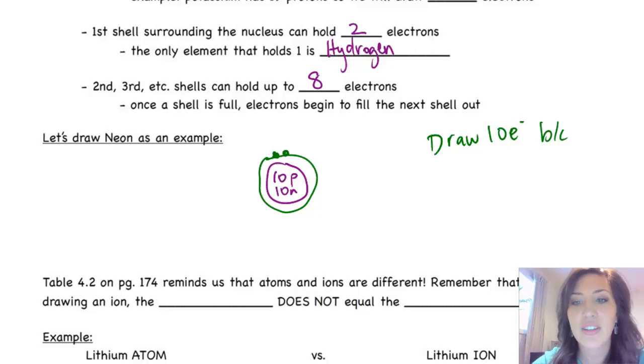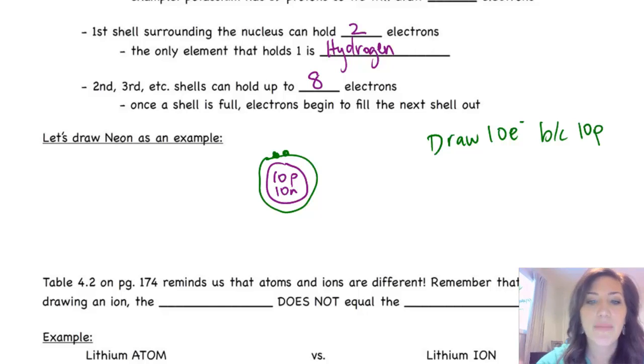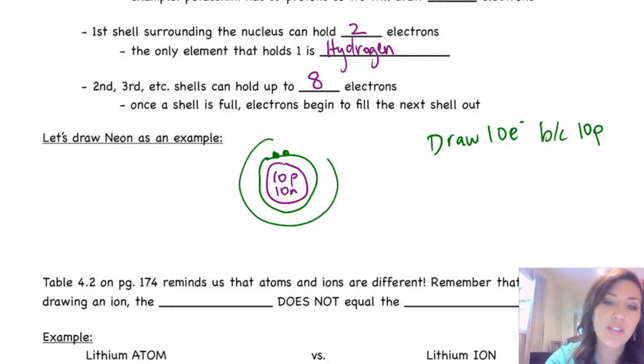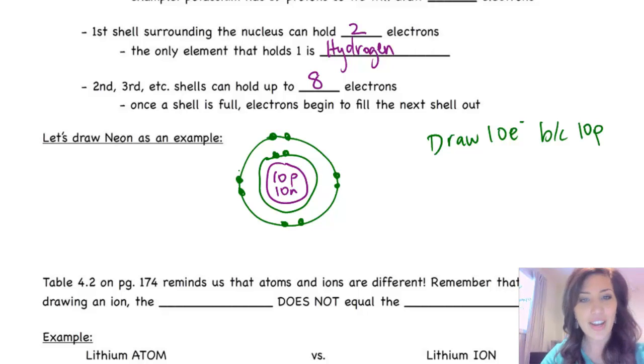So draw 10 electrons because 10 protons. So 1, 2, so we need to make another shell. 3, 4, 5, 6, 7, 8, 9, 10. All right, there we go. We've got 10. So we only filled 2 shells, and both shells are full of their electrons.